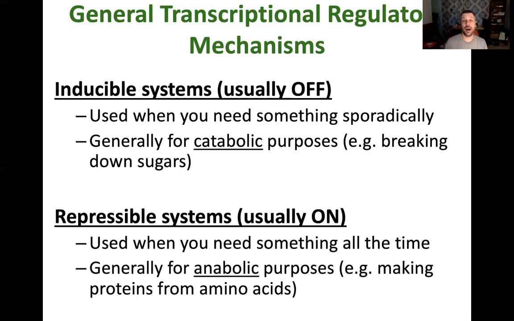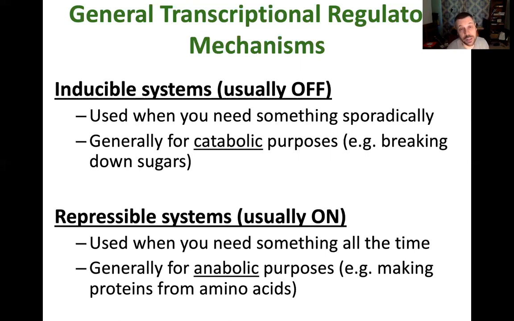If you are a gene that is inducible, it means that you're normally off, but you're capable of being activated or turned on. You are inducible. The other type of system that one could imagine is a repressible system, where the opposite is true. In a repressible system, it's usually on, but capable of being repressed, capable of being turned off.